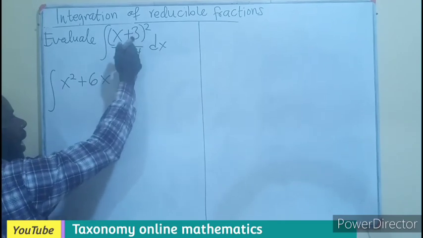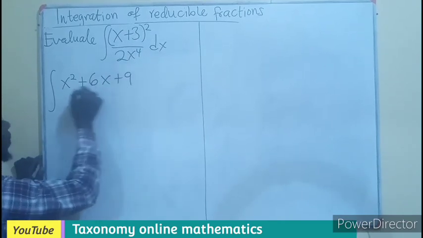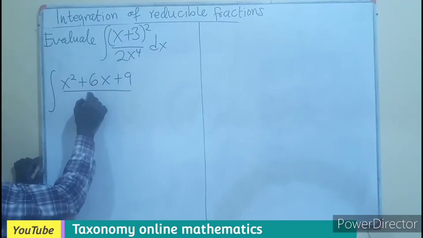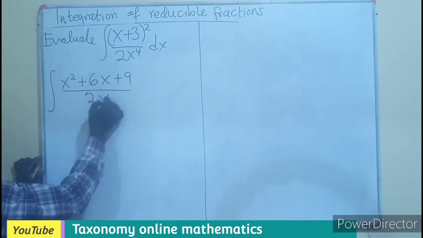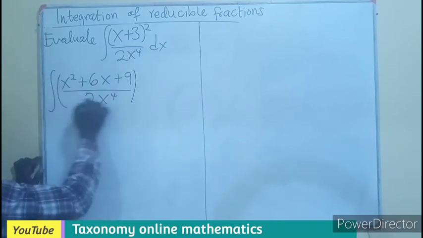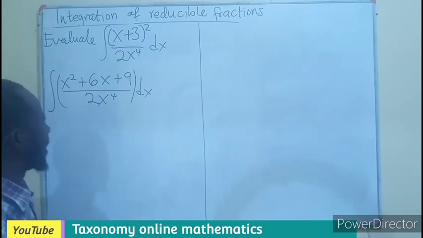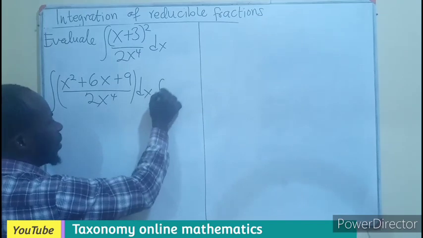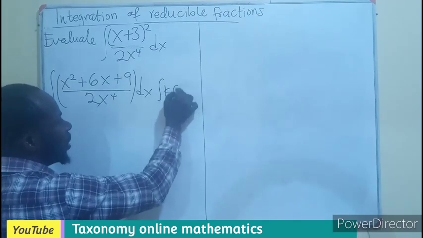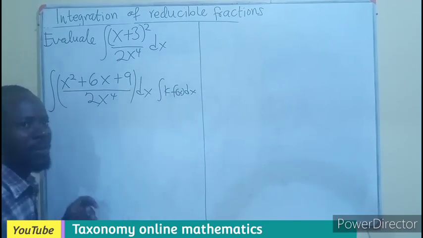Then you square the last number, which will be plus 9, all over our 2x to the power 4 dx.